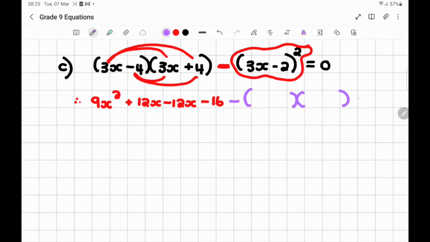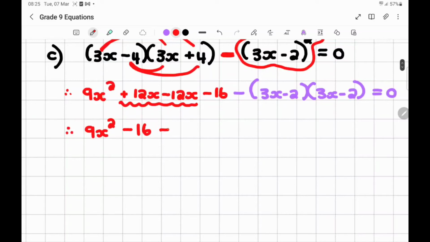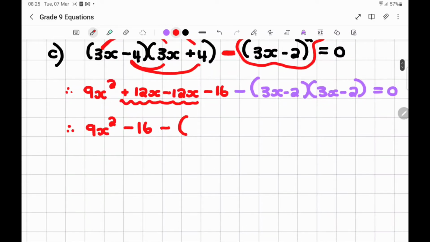You just have to wait a little bit longer because I need to clean up house. So it's 3x minus 2, 3x minus 2 expanded. Then it's 9x squared. This plus and minus falls away, so I'm just going to take it away. Simplifying already. Minus, keep your bracket.